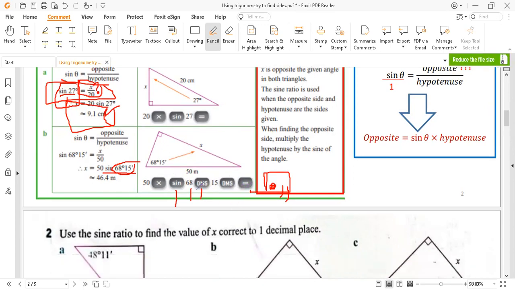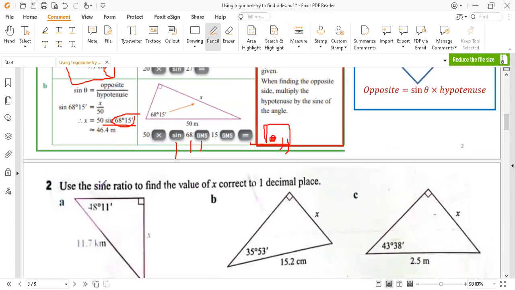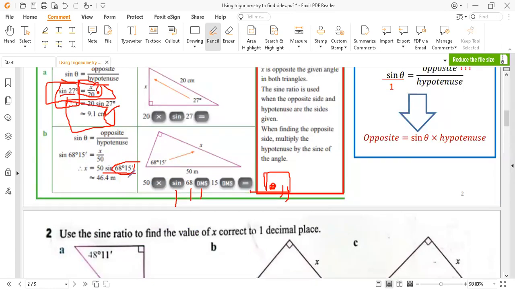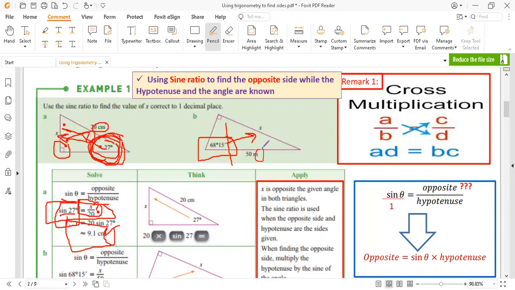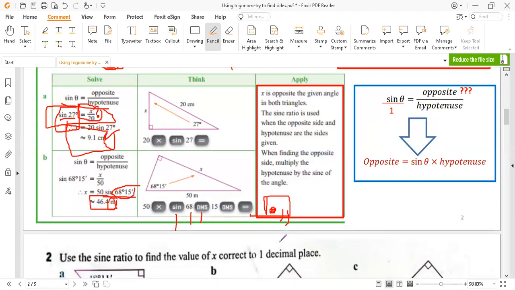So easy. Then we obtain 46.4 meters because we are dealing with meters in this example. So it is very easy to find the opposite side by multiplying the hypotenuse by the sine of the angle.